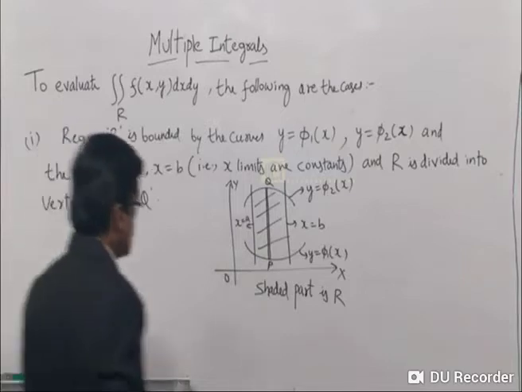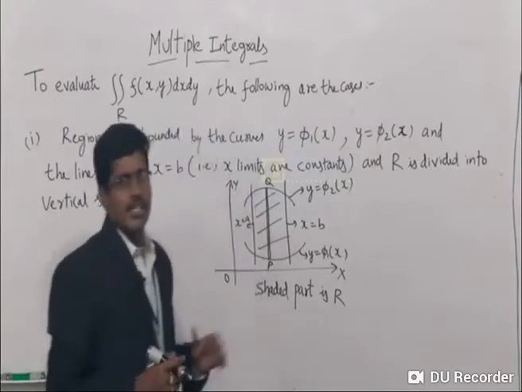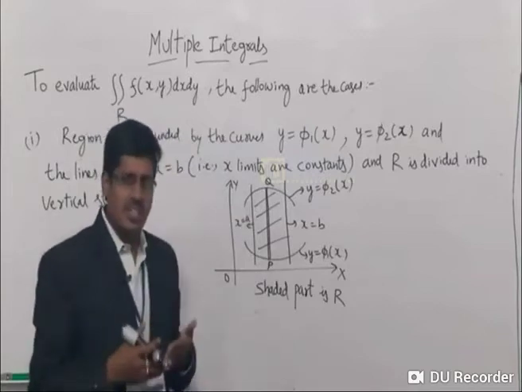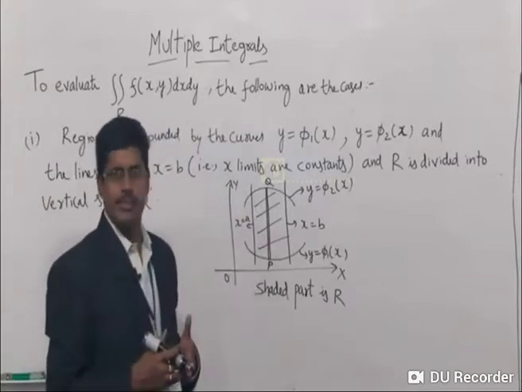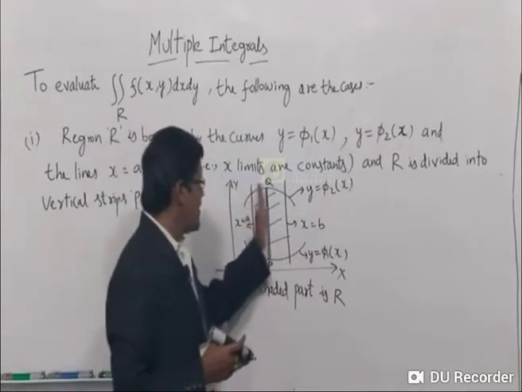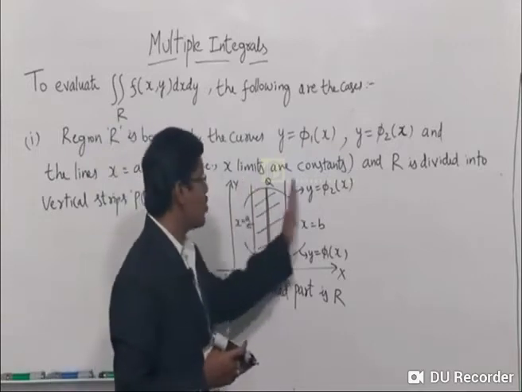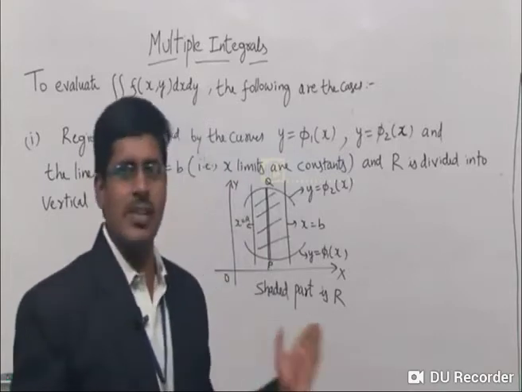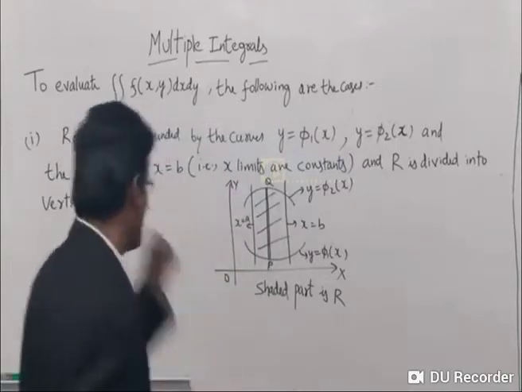So the purpose of drawing this vertical strip is, first you integrate along this strip, that is first with respect to y between the y limits, and then slide or move this strip from x is equal to a to x is equal to b. That means the next integration is with respect to x between the limits x is equal to a and x is equal to b.